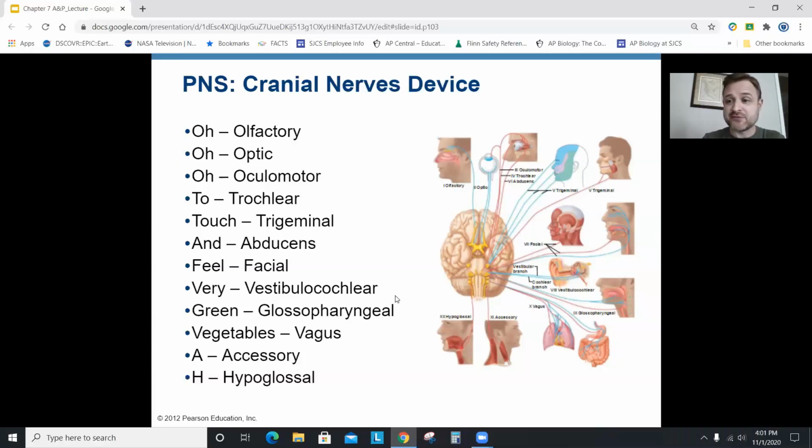There's the olfactory, the optic, the oculomotor, the trochlear, the trigeminal, the abducens, the facial, the vestibulocochlear, the glossopharyngeal, the vagus, the accessory, and the hypoglossal. Those are the 12 cranial nerves.